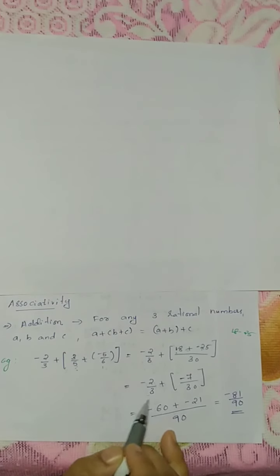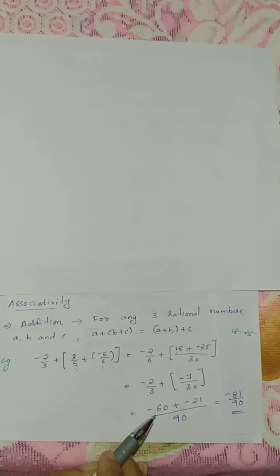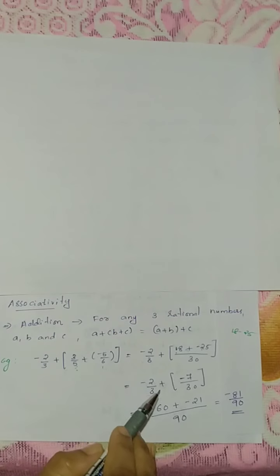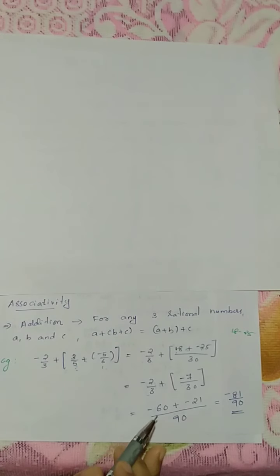Here the denominators of these two terms are different, so we cross multiply. That is minus 2 into 30, minus 60, plus minus 7 into 3, minus 21, divided by 90, which is equal to minus 60 plus minus 21. It forms negative.